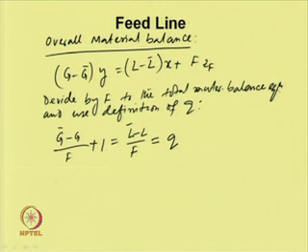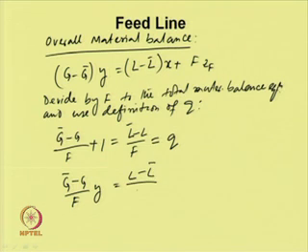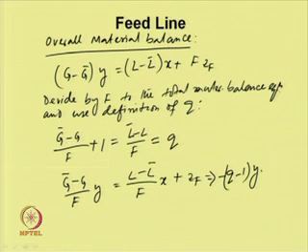From this relation, we can write (G bar minus G) by F times Y is equal to (L minus L bar) divided by F times X plus Z f. So, then if we apply this Q, this will be minus (Q minus 1) times y, which is equal to minus Q x plus z f.